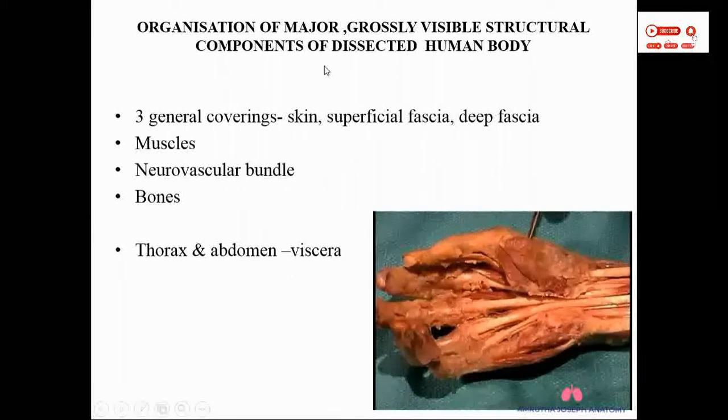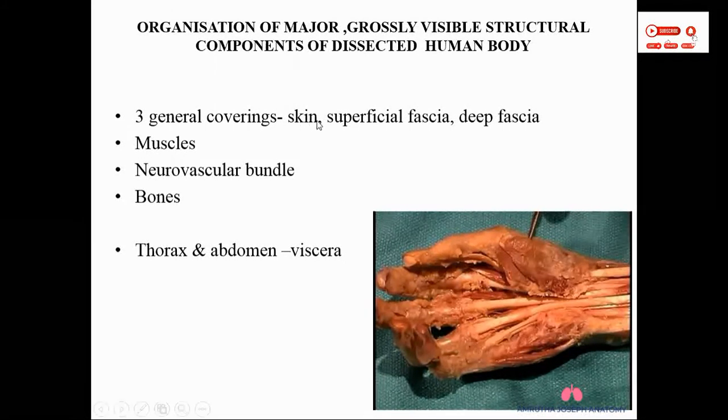Now talking about organization of the human body, how it is oriented or how it is organized generally. Basically, when we do the dissection of any part of the body, we have to go through all these layers. The first thing that you are going to cut in a dissection is the skin.